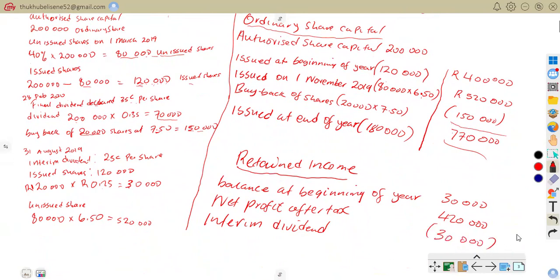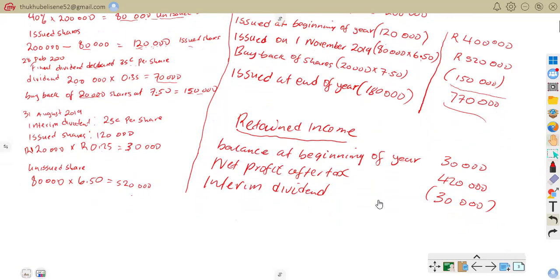So we are putting it in brackets because, with the interim dividend, the business paid out the dividends to the shareholders during the year. So this decreases our retained income. We have calculated 25 cents per share of our interim dividend.